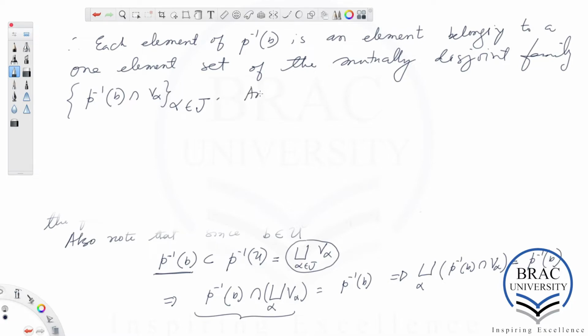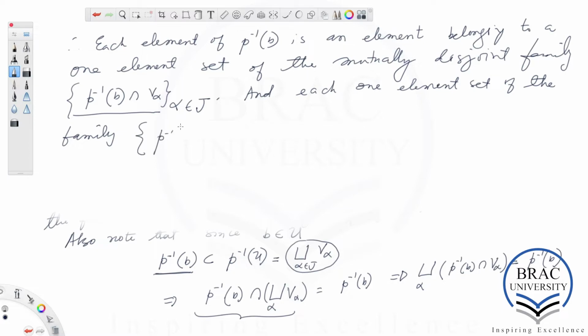And each one element set of this family is an open set of P inverse B according to the definition of subspace topology.